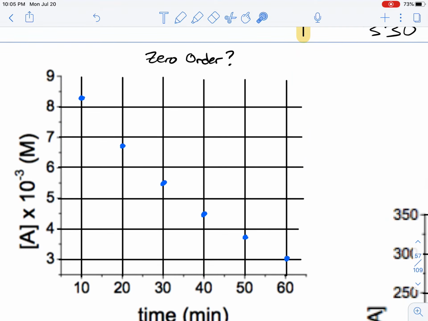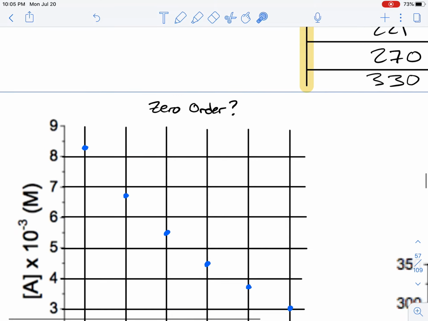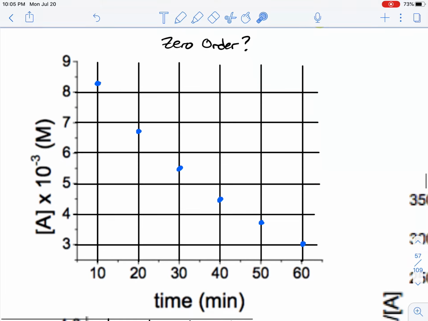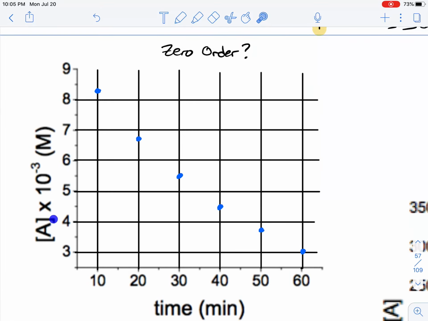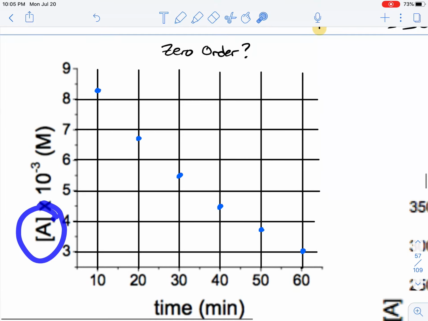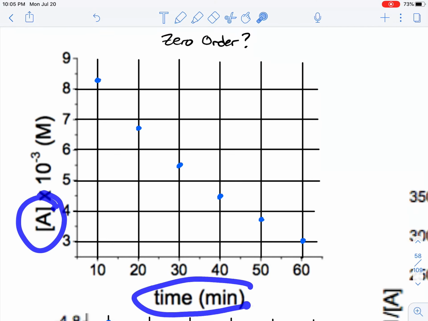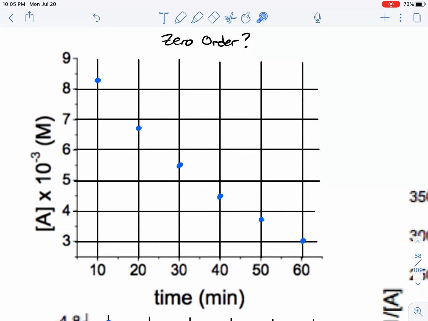And so basically, I've plotted all of these points onto a graph. And I want you guys to pay attention to the axis. So notice that it is the concentration of reactant A against time. And so what we're doing is we're testing for 0 order.